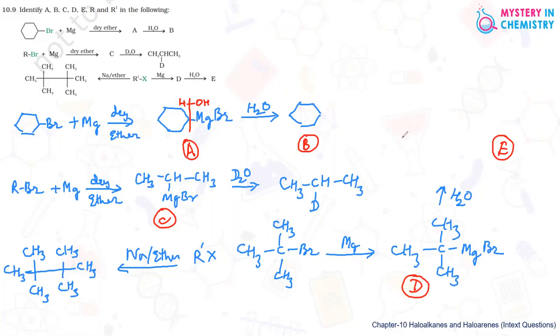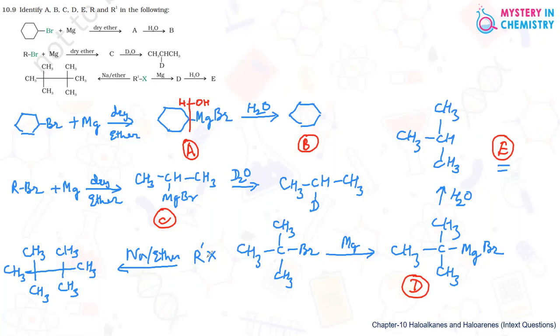By that an alkane should be formed, a saturated hydrocarbon. So the compound formed should be CH3, CH3, and this is again CH3. So E compound should be this one, that is 2-methyl propane. That is how we can identify A, B, C, D, and E.